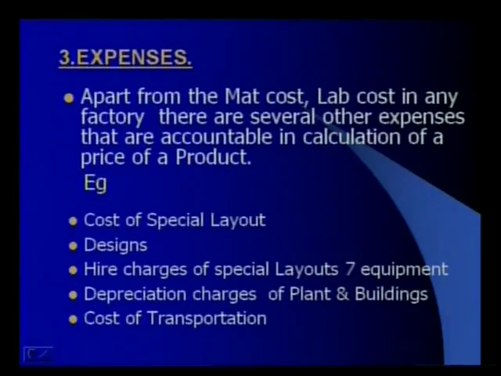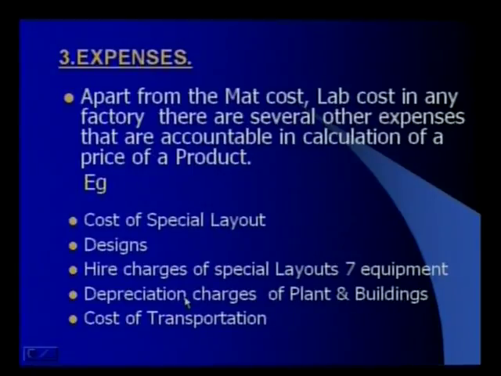For example, the cost of special layouts. In any production process we require certain special layouts and certain designs which cannot be done in the factory itself. We can get them done outside. The cost incurred for that comes under expenses, as well as hiring certain special layouts and equipment, and depreciation charges of the plants as well as buildings.